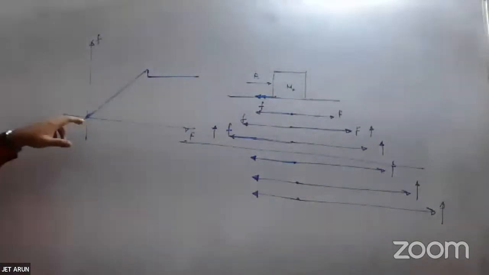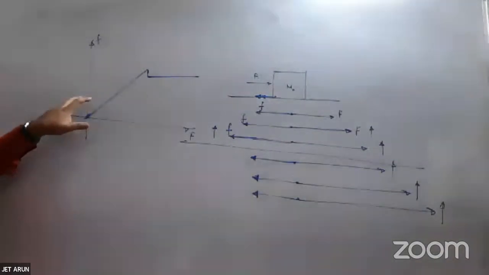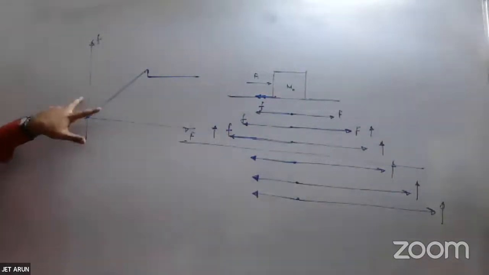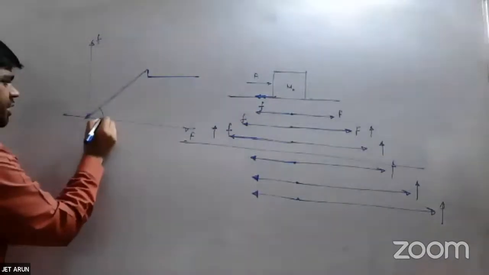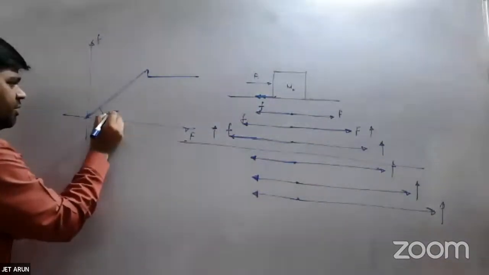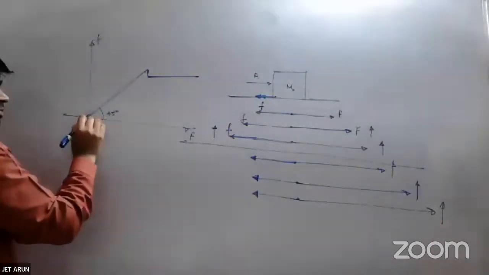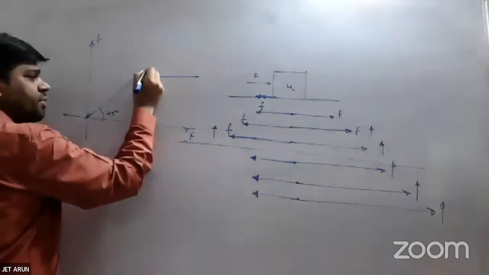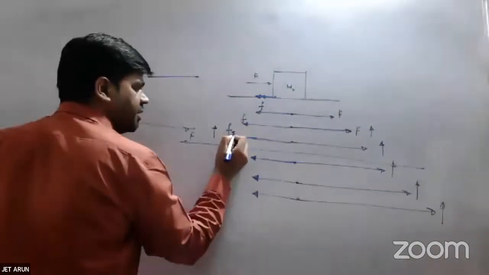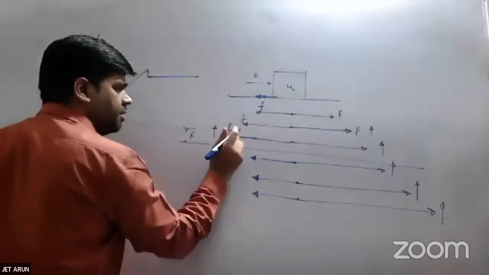This is how it's observed. As I go on increasing F, my external force is increased, my friction is equal to the external force, equal in magnitude but opposite in direction, counterbalancing the external force. That's why this angle is 45 degrees. This goes on increasing to a certain value, which is limiting friction, Fl.